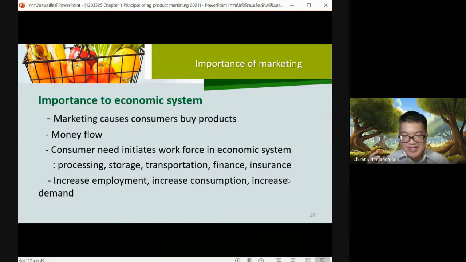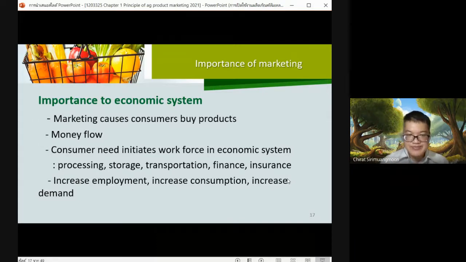The process of transportation is also called marketing. So marketing lets the consumer know this is a new product and they want to buy. After they buy the product, the process of money flow happens. So the money will return to the processor, and return to the growers.